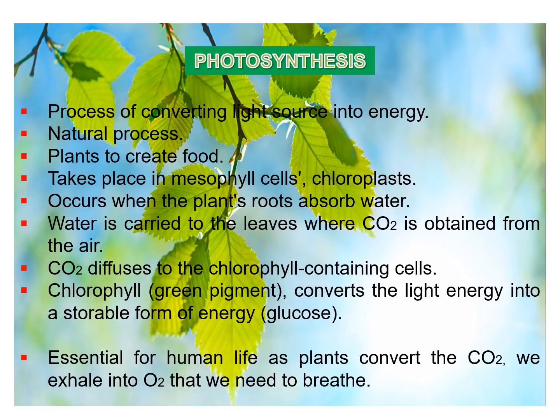CO2 diffuses to the chlorophyll containing cell. Yes, the water is being absorbed initially from the roots up to the leaf. Meanwhile, this CO2 diffuses directly on the leaf surface, especially into the chlorophyll containing cells.